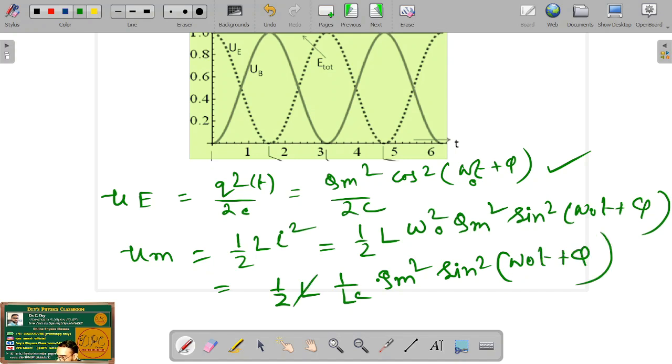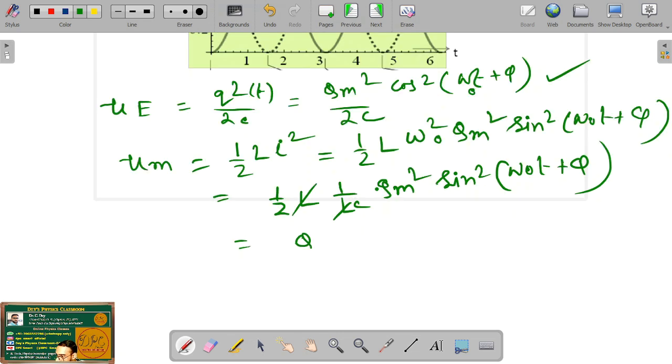So L cancels out, and it becomes Qm²/2C into sin²(ω0 t plus φ).